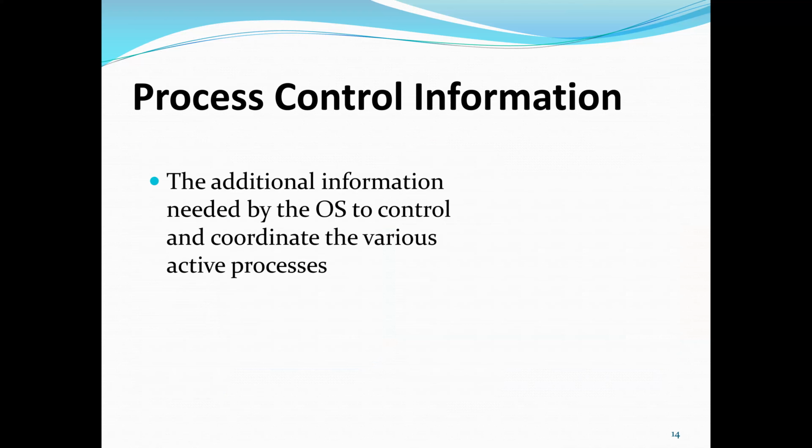So next is again the process control information. Of particular note, all processor designs include a register or a set of registers, often known as the program status word, PSW, that contains the status information.